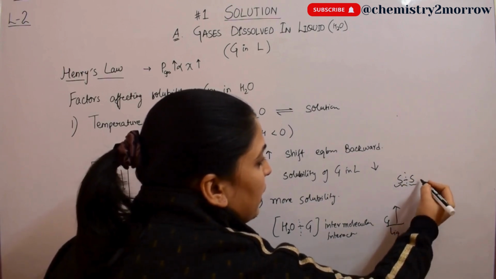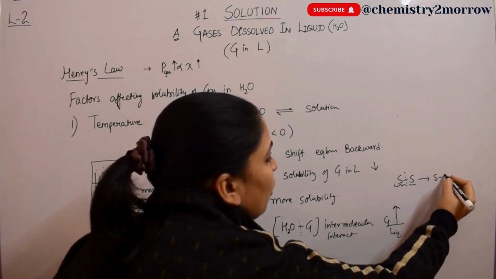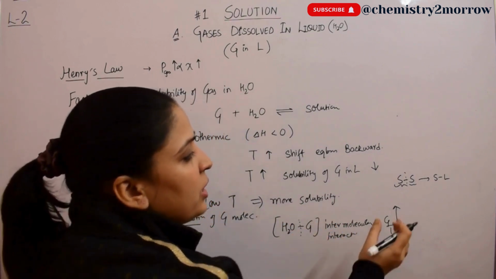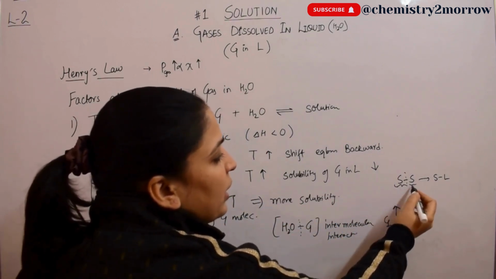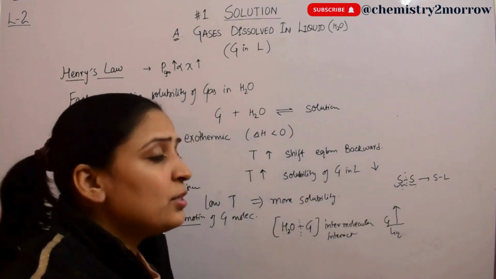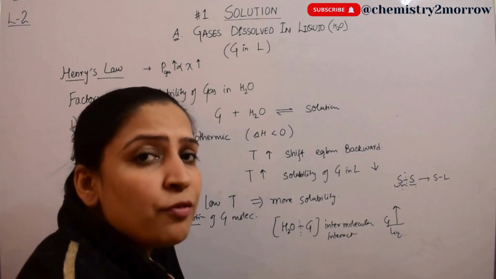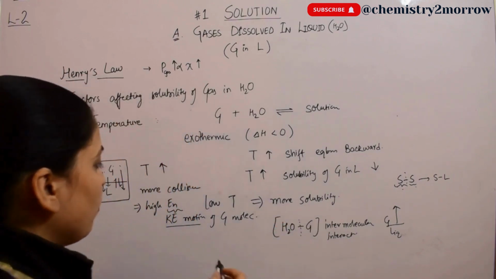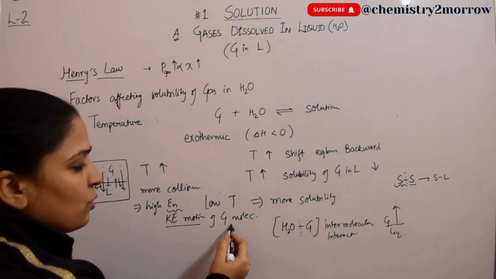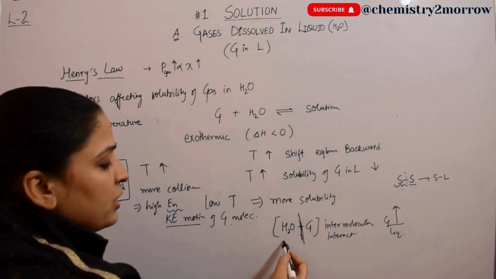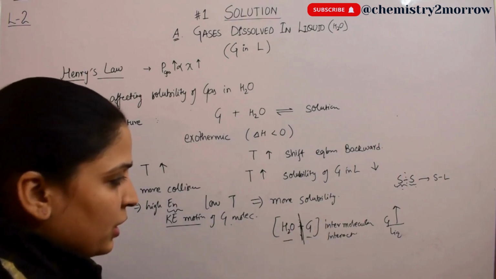This is breaking, and that's why solid is free to go and bind with the liquid. So that extra energy is associated with breaking of solid-solid intermolecular interactions. But here excess of energy given in terms of increasing the temperature is causing more motion of gaseous molecules, and that motion will tend to decrease solute and solvent interactions.